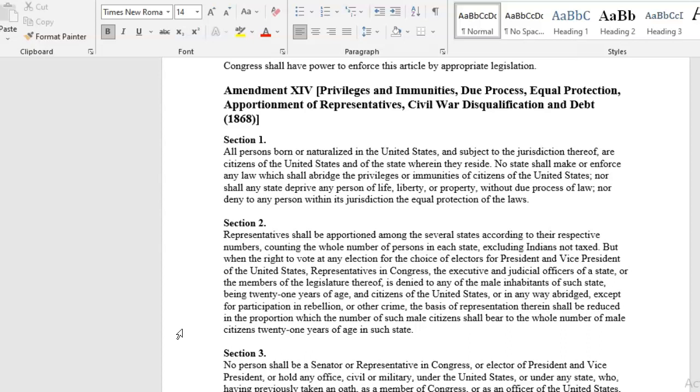And again, here is one of those places in the 14th Amendment, Section 1. It talks about, nor shall any state deprive any person of life, liberty, or property without due process of law. So that's the second time we've seen them say you can't be deprived of property without due process of law.